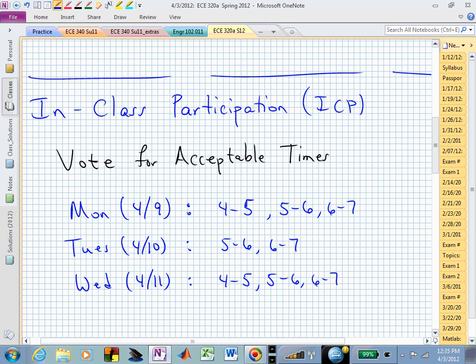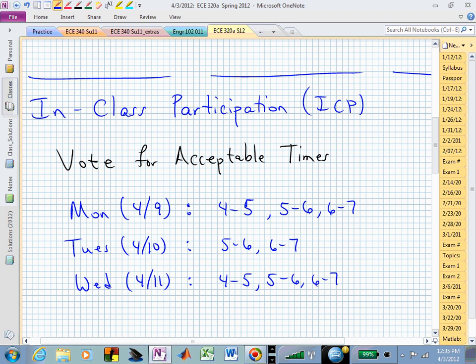Theoretically, we'll have 3 possible time slots on Monday, the 9th of April. Tuesday, a week from today, we will have 2 possible time slots. The room is already in use from 4 to 5. That's why I'm starting at 5 on Tuesday. And finally, we have the same 3 time slots on the Wednesday.